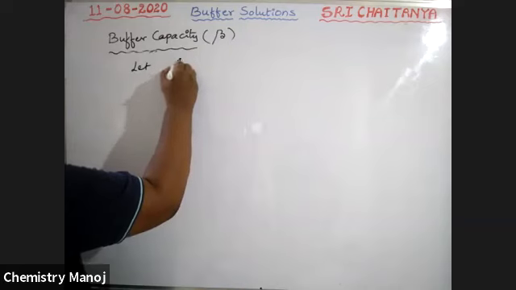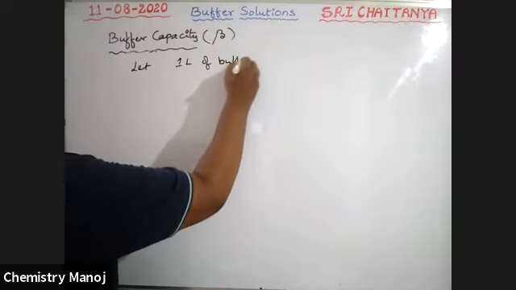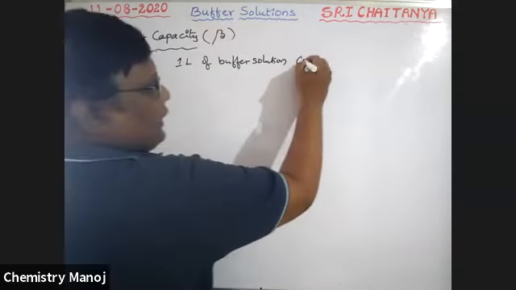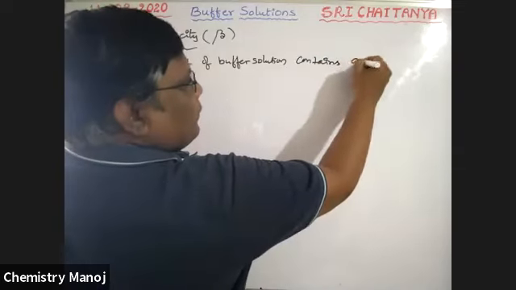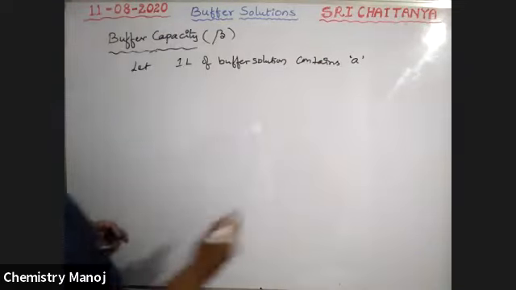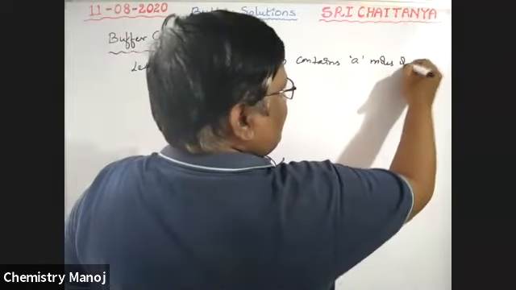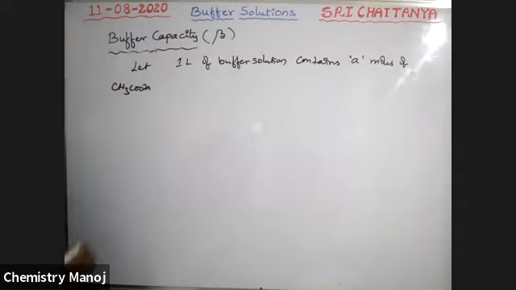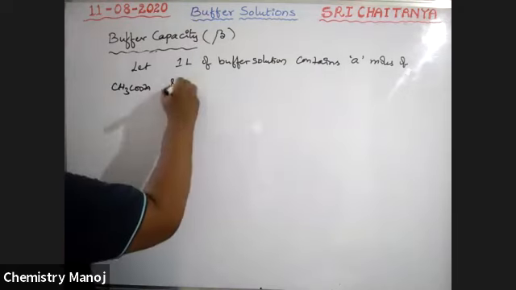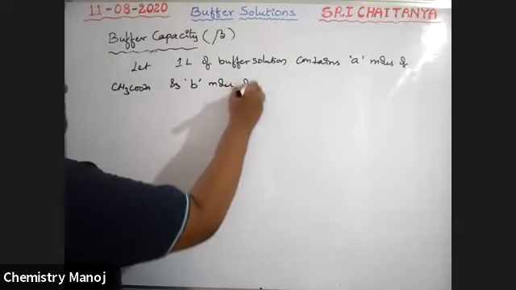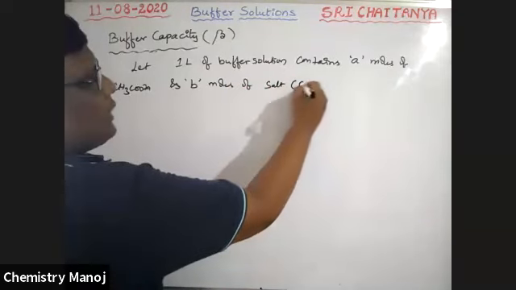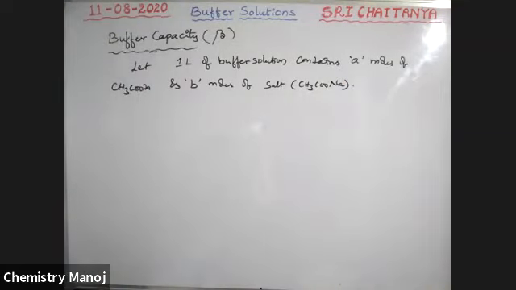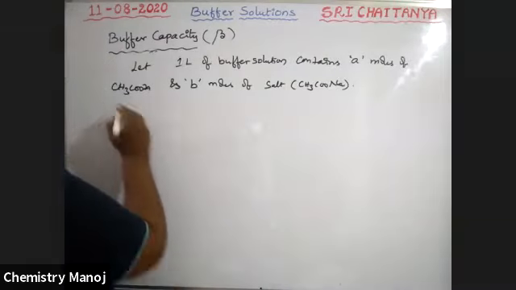Let 1 liter of buffer solution contain A moles of weak acid. Let us take that weak acid as CH3COOH. A moles of weak acid and B moles of salt, that is CH3COONa here. B moles of salt.